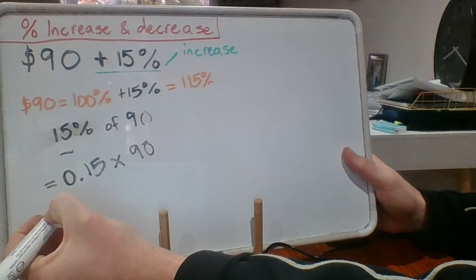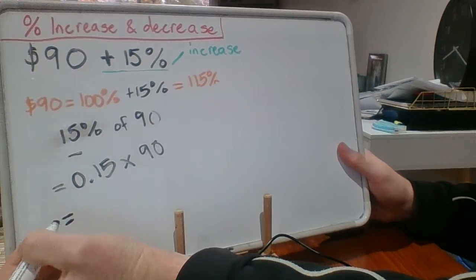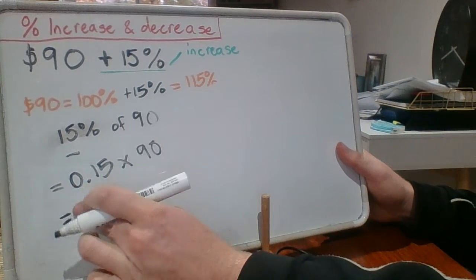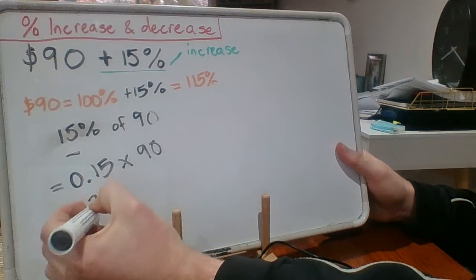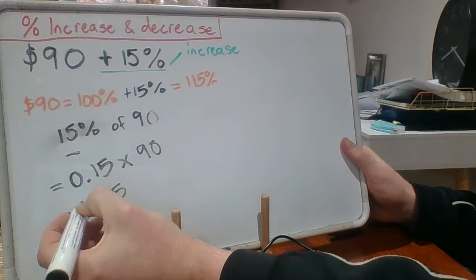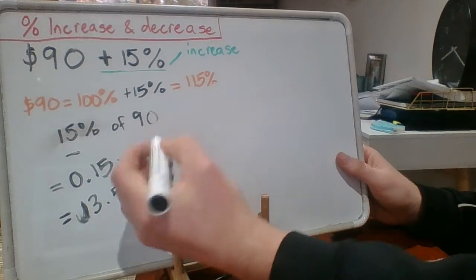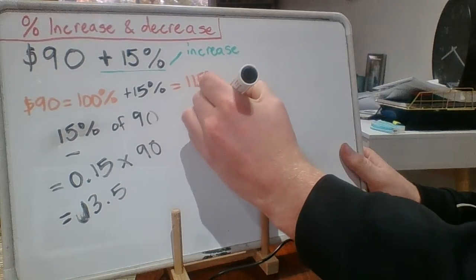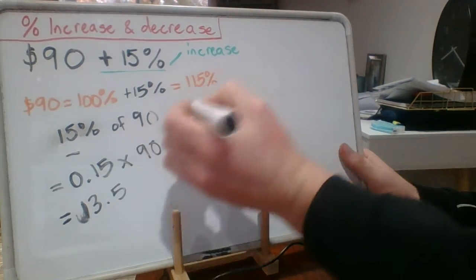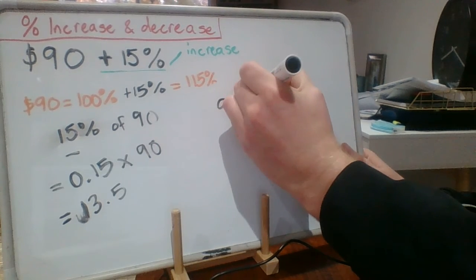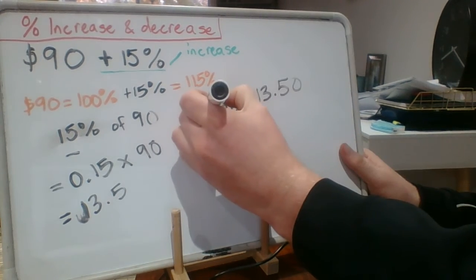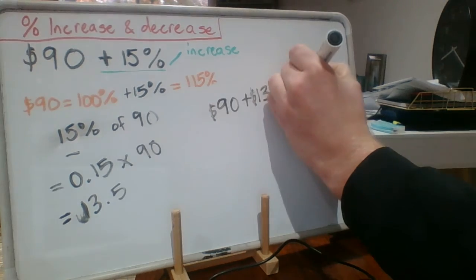If you pop that into your calculator, you could work it out without a calculator, but if you just wanted to do it quickly, you would find the answer again would be 13 5/10. So again, I would do 90 plus $13.50, and we'll give you the same answer.